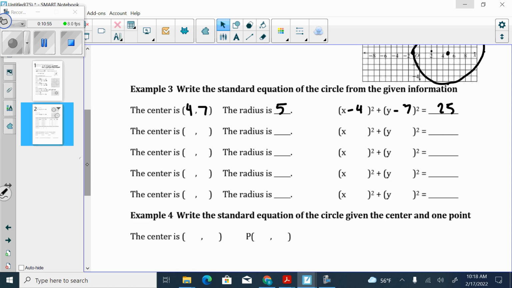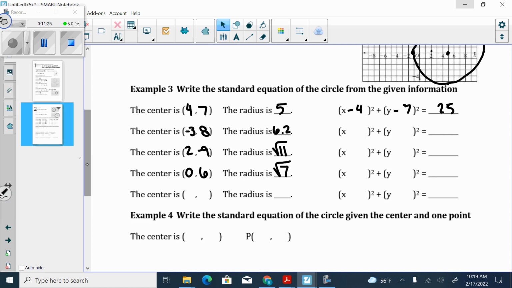So the next one, your center is going to be at -3, 8, and your radius is going to be 6.2. The next one, your center is at 2, -9, and your radius is square root of 11. Okay, the next one, your center is at 0, 6, and your radius is square root of 7.